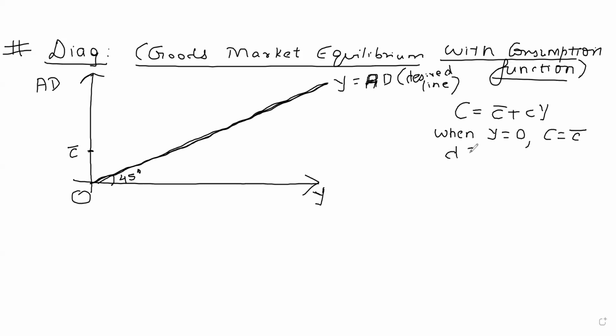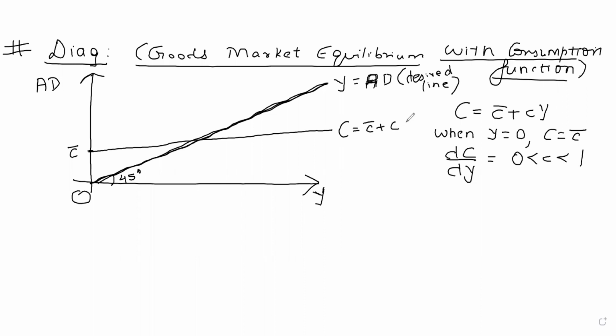Then if I take the derivative of consumption with respect to income, it is small c, which lies between 0 and 1, because we have just learned that the marginal propensity to consume lies between 0 and 1. So the slope is positive, greater than 0, so it's upward sloping. This is my Keynesian consumption function, C bar plus cY. This is my autonomous consumption.